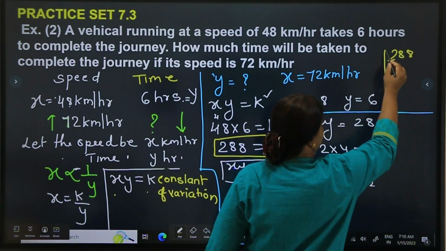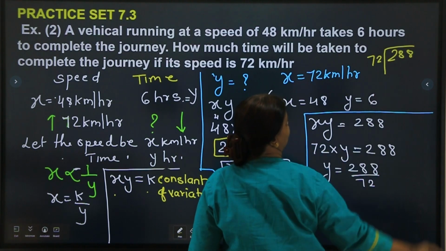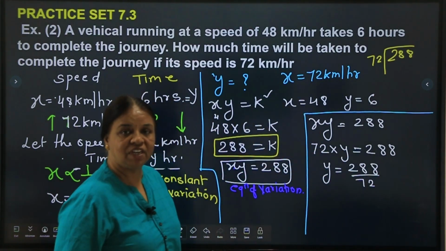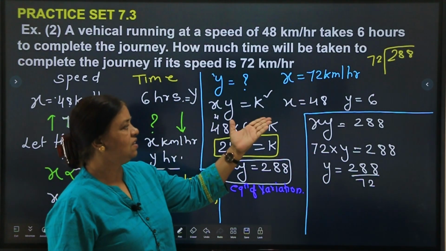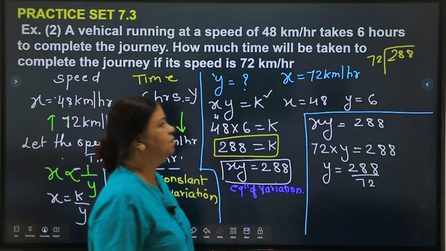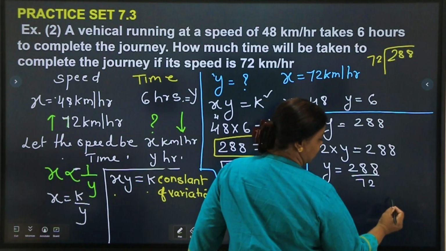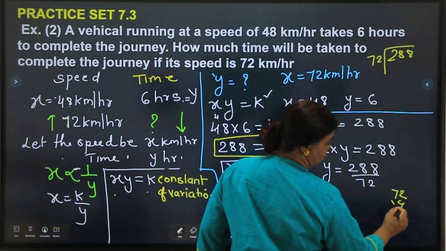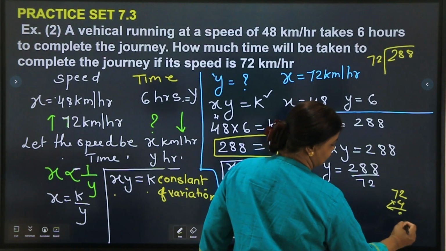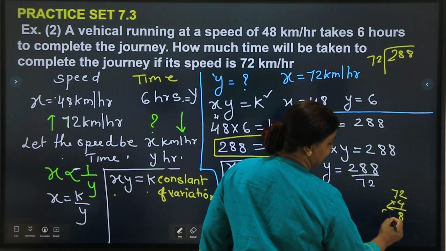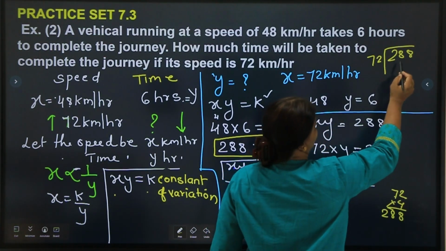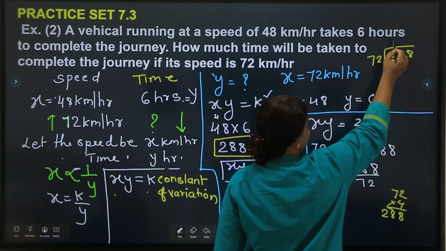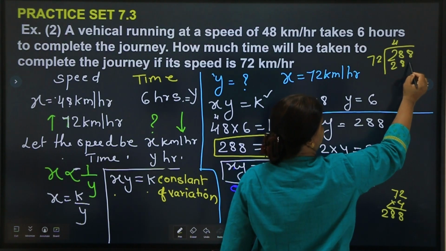288 divided by 72. 72, how many times will give you 288? Let's see for 4 times. 72 4s are: 4 2s are 8 and 4 7s are 28. Yes, correct. So 72 4s are 288.